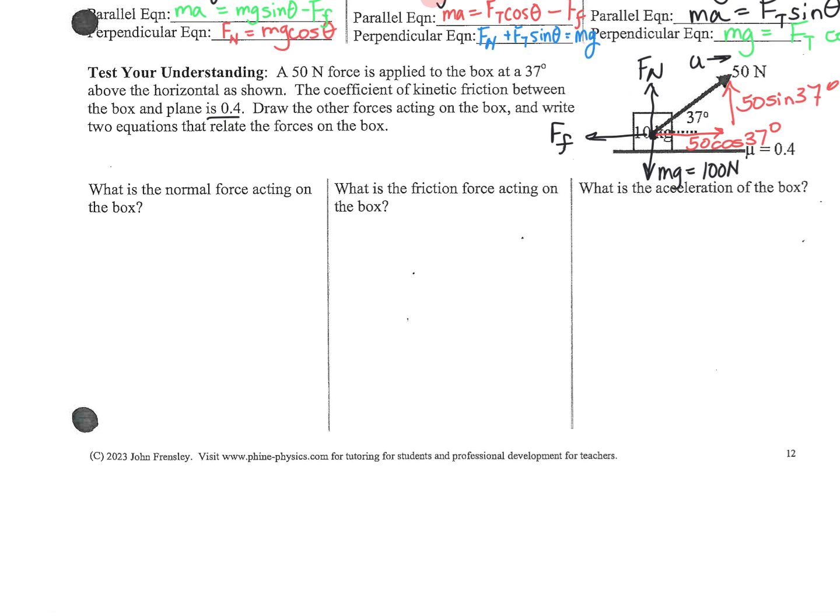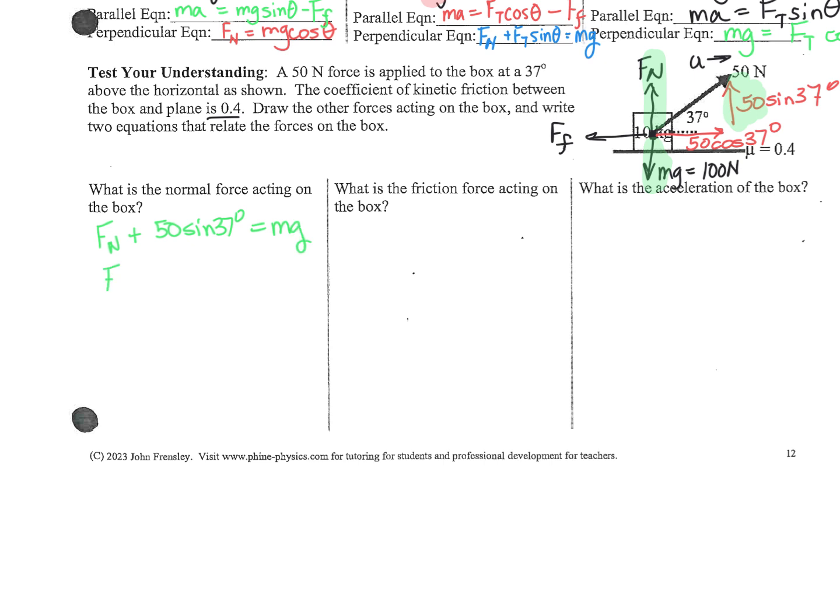What is the normal force acting on the box? Well, the normal force is a perpendicular force. So that's this guy. So we also have to take into account this guy and this guy. So let's write it according to that. So we have the normal force up plus this 50 sine 37, that's also up, which has to be equal and opposite mg.